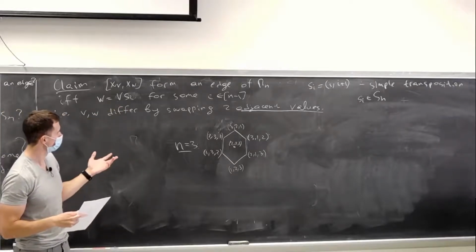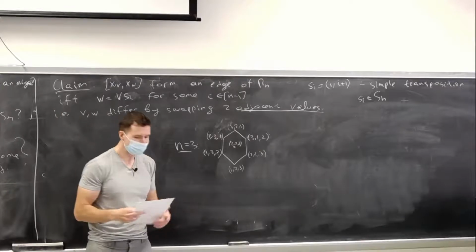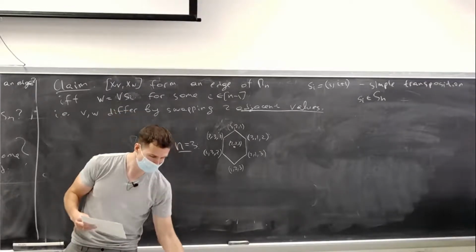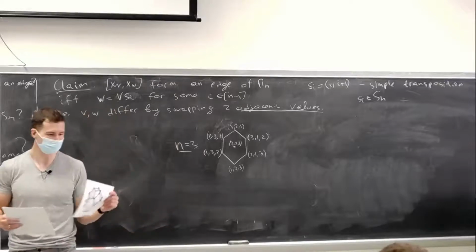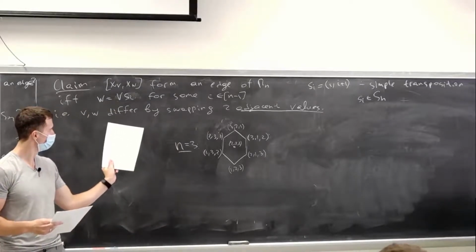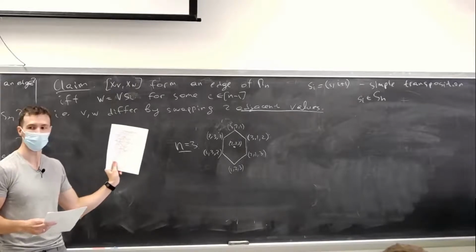But anyways, the point is that's the difference between these two pictures. By the way, both of these are from Wikipedia, on the same Wikipedia page. This picture is where the labels are just coordinates of your vertices.